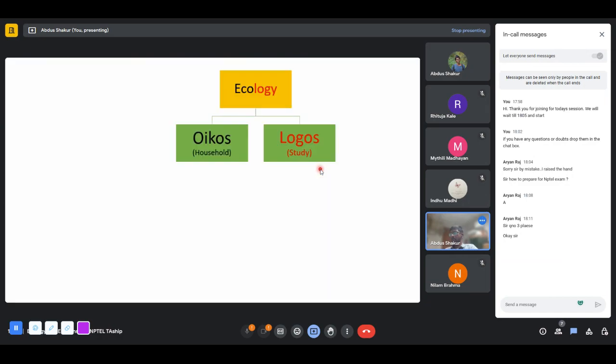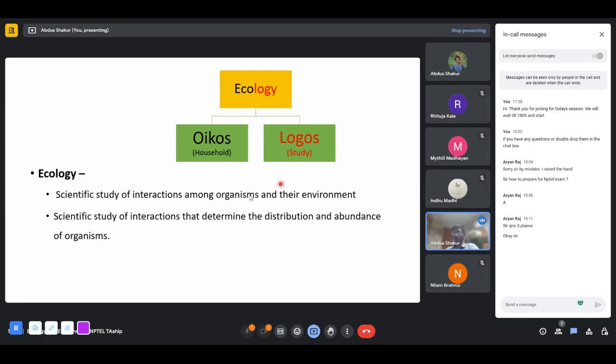So going ahead, the word ecology is not a single word. It's formed from two different words, oikos and logos, meaning household and study. Basically, study of household. Ecology can also be defined as a scientific study of interactions among organisms and their environment.